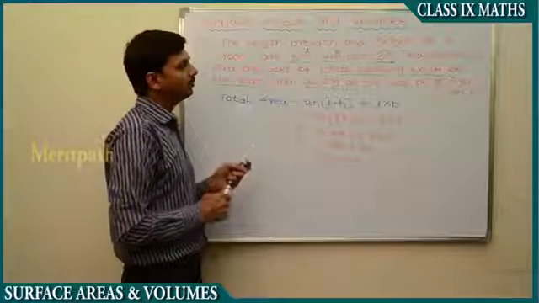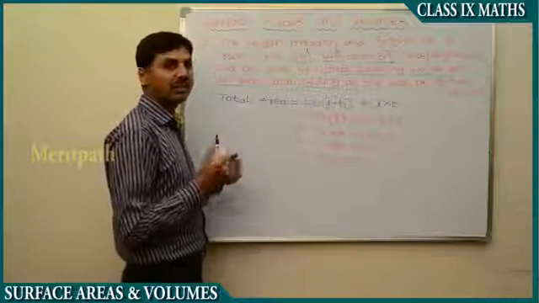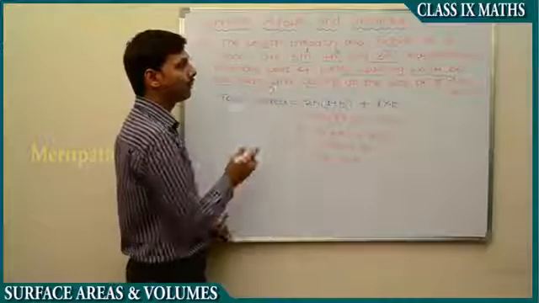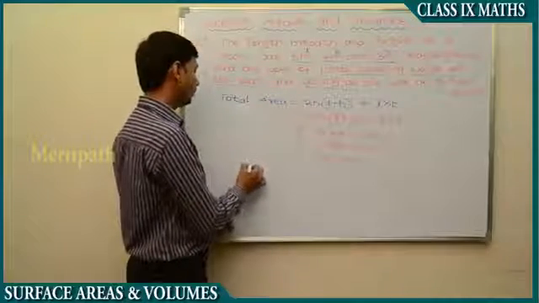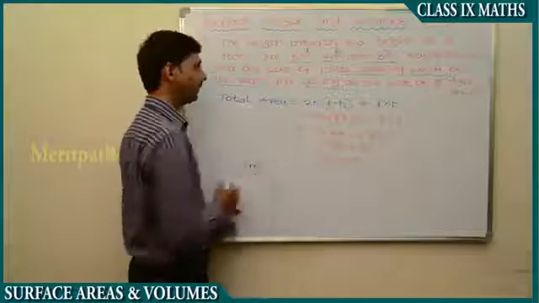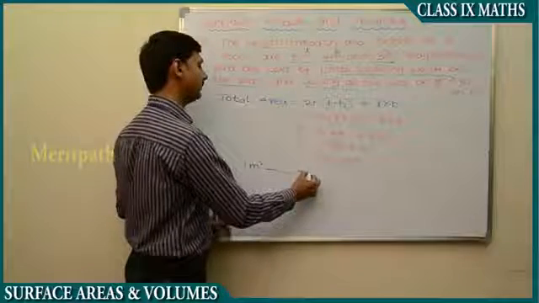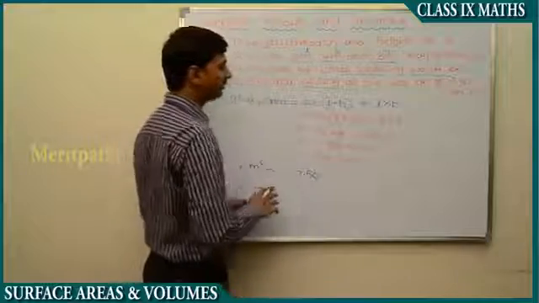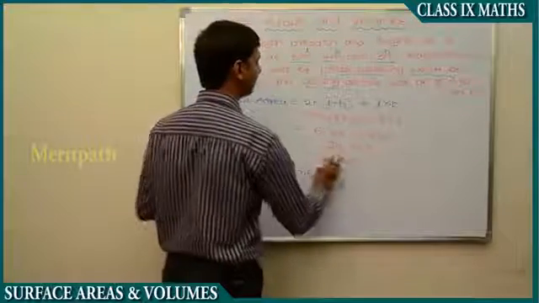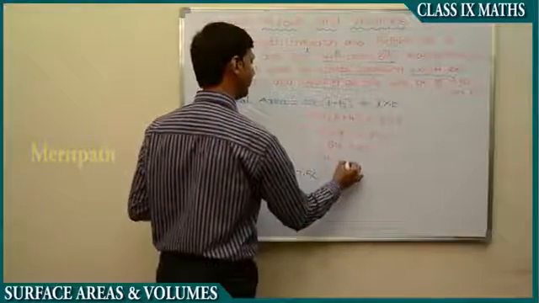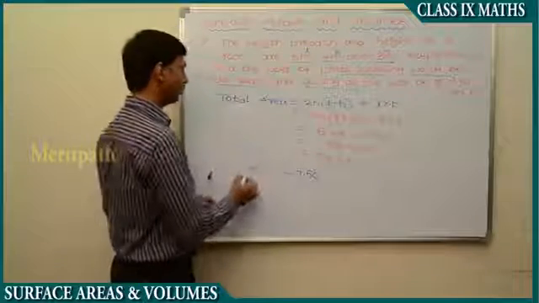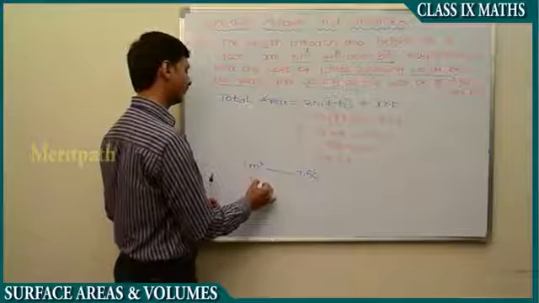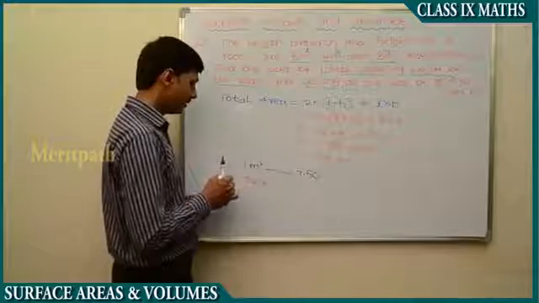So we need to find out the cost, how much it takes. 1 square meter is 7 rupees 50 paise. Here we have 74 square meters; all measurements are given in meters. So how much is the cost?